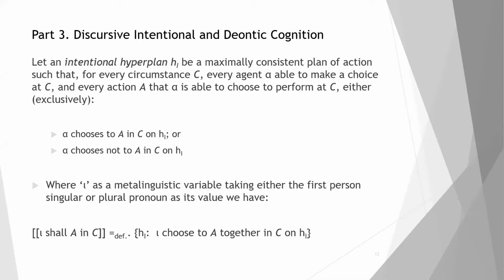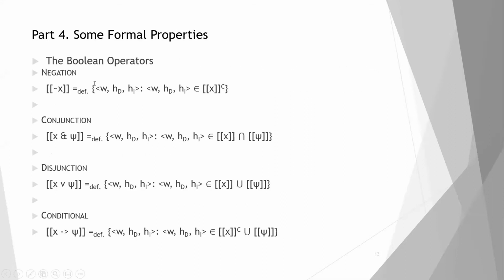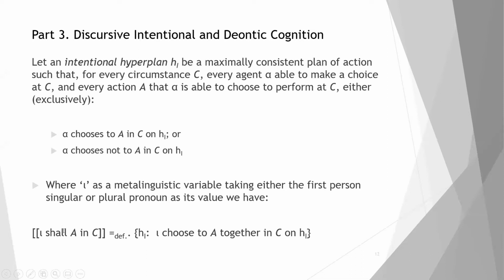So now what I've got here is the semantic interpretants as ordered triples. Before, I was looking just at the single plans because I was considering only the fragment of the language where you have either purely intentional or purely descriptive sentences. But we want to be able to model relations among these sentences.